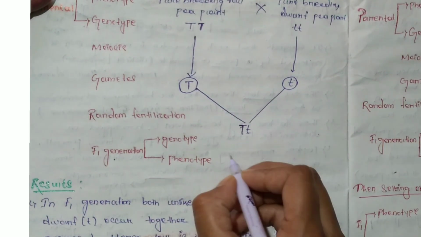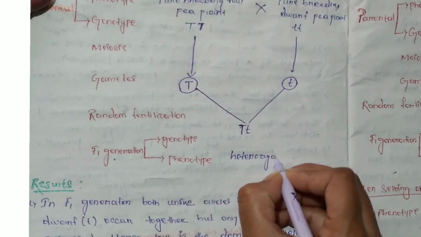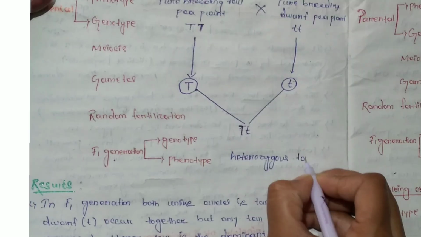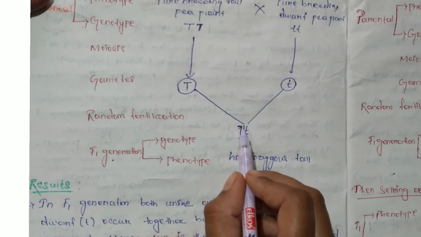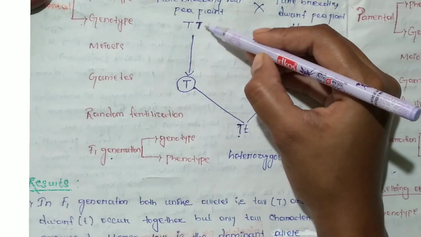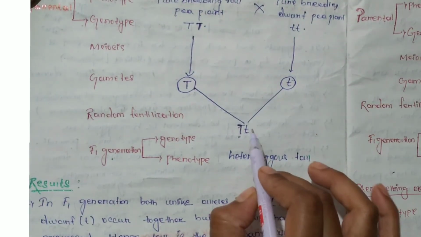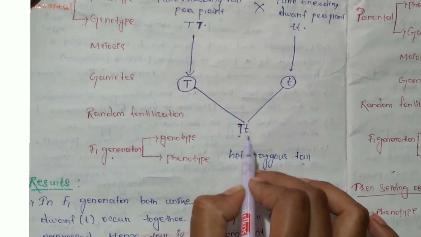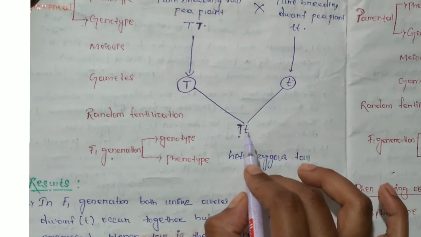And here is the phenotype. These are heterozygous tall. Why do we call it heterozygous? Because the alleles are different: capital T comes from the pure breeding tall plant and small t comes from the pure breeding dwarf pea plant, and together they give heterozygous tall. Why do we call it tall? Because Gregor Mendel saw all tall pea plants.